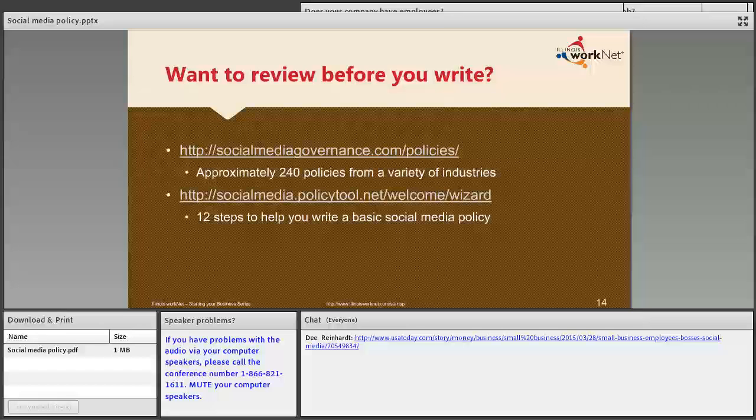The second link on this page is a wizard policy tool that has 12 steps to help you write a basic social media policy. I did that just to see how easily it worked, and it took me maybe about 10 minutes to get it all done, and I had a workable social media policy that I could present to my corporate attorney before I needed to move forward.